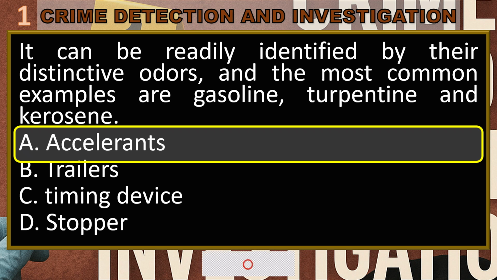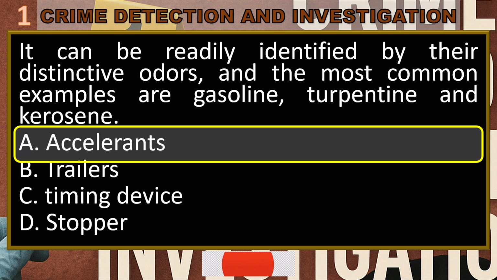Explanation of other choices. B. Trailers. Definition: trailers are combustible materials used to connect different fire points to ensure the fire spreads from one location to another. Why incorrect? While trailers may involve accelerants, they are not defined by their odor and do not refer specifically to substances like gasoline or turpentine.